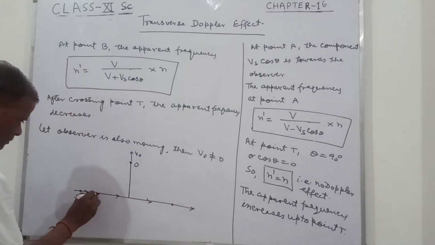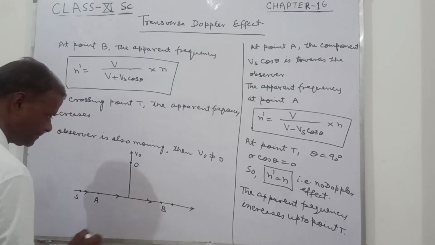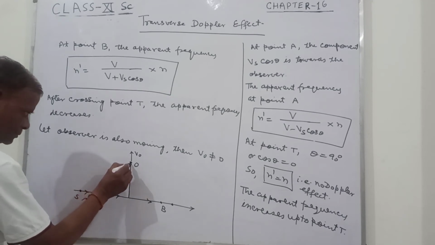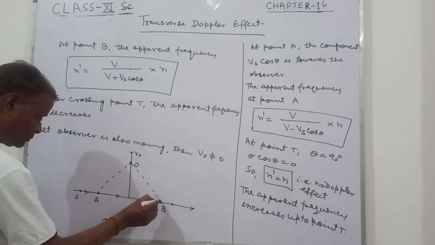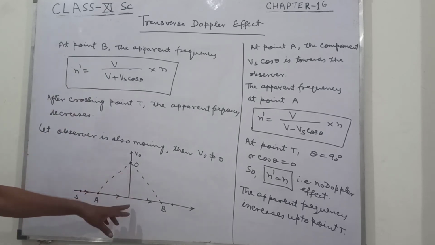This is point A and suppose this is point B. The observer is moving away from the source.